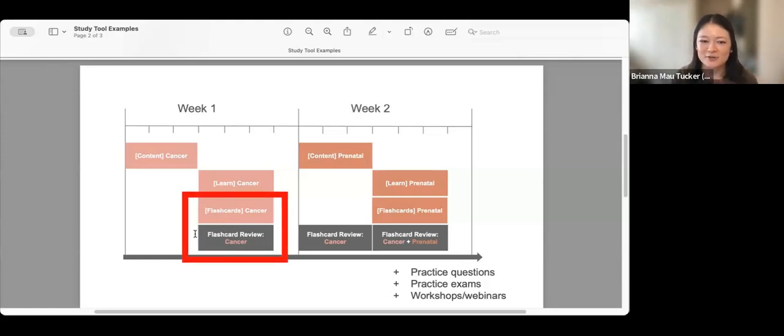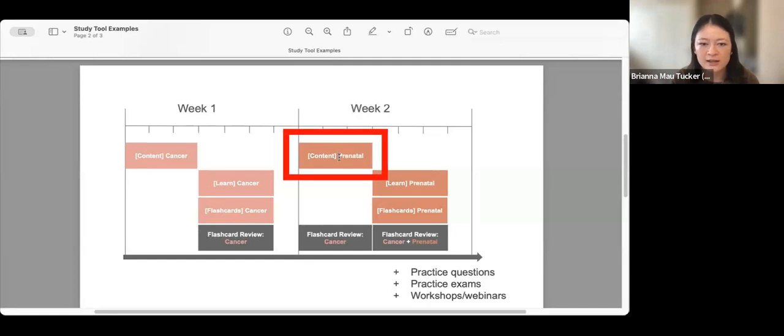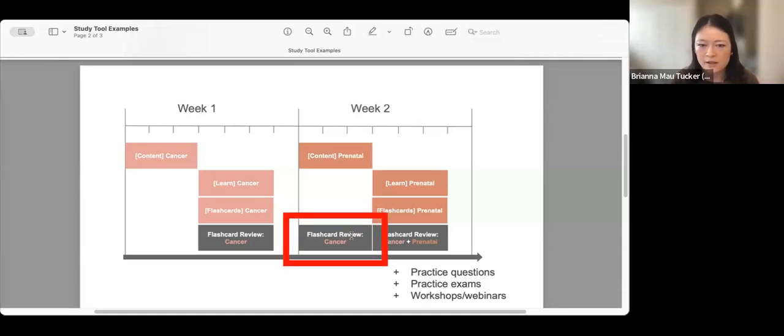And for the flashcard review, like I mentioned, there's an approach called spaced repetition. So say I did cancer in week 1. Once I moved to week 2 and was done with cancer, I would start putting together my content outline for prenatal. On the days that I was working on that, I would also do my flashcard review for cancer.